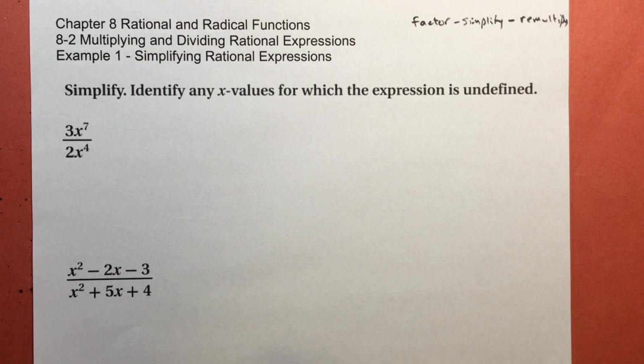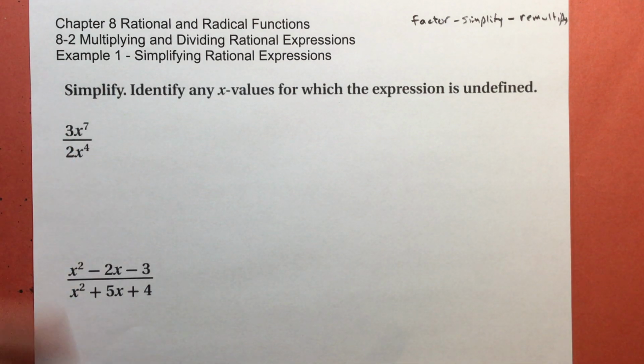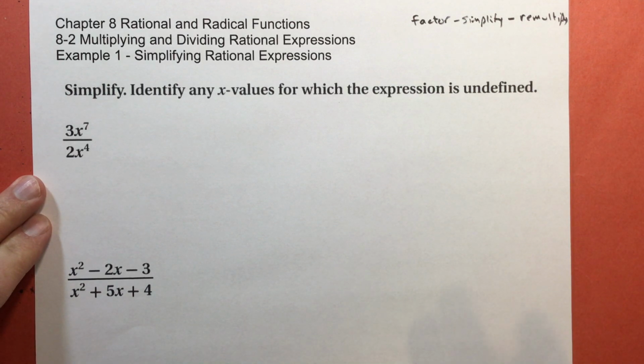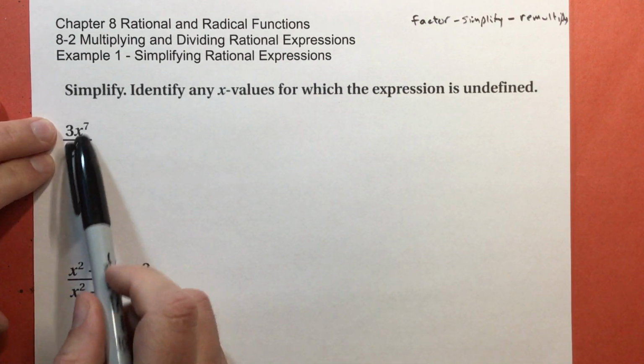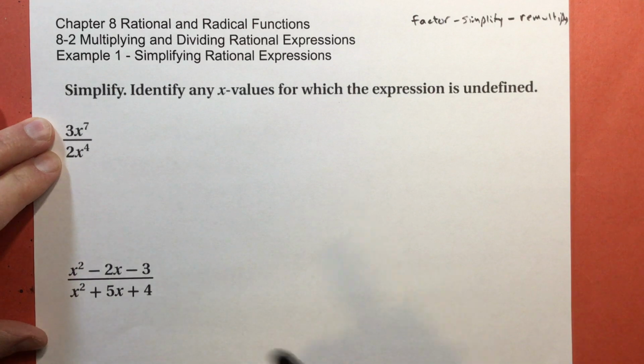What are these? These are rational expressions. What does that mean? A rational expression is a ratio. That's where the word rational comes from. A ratio is a fraction. So this is a fraction. You're going to see fractions in every problem we do in this section, and the next two sections also. A rational expression is an expression that looks like a fraction, and the ones we're going to be doing have variables in them.